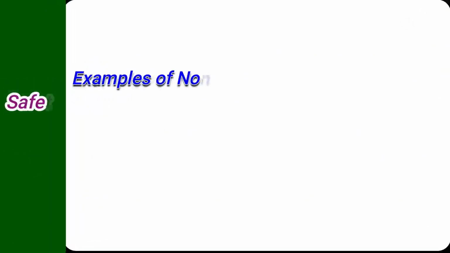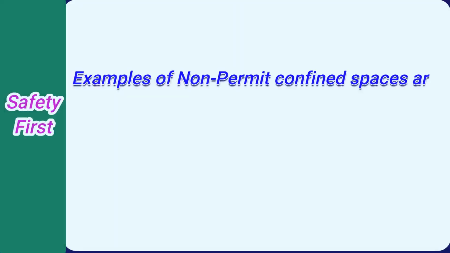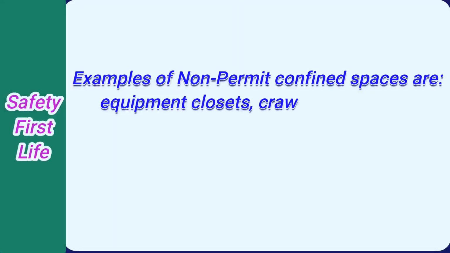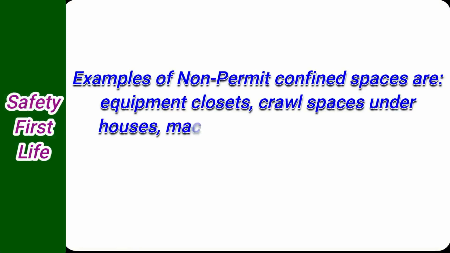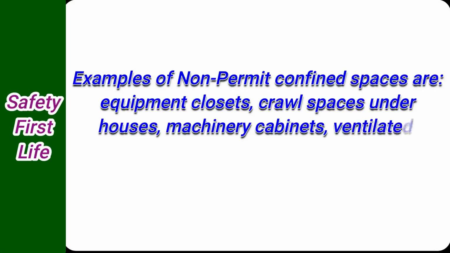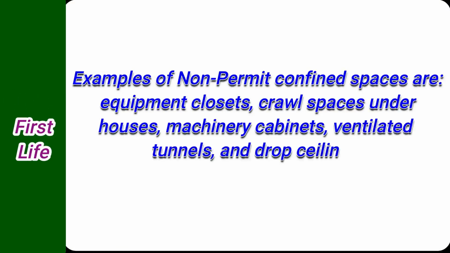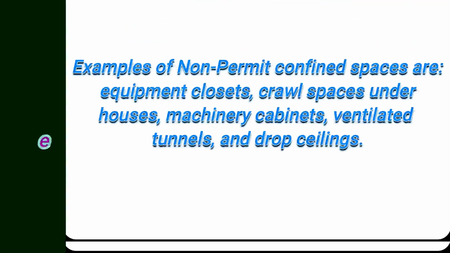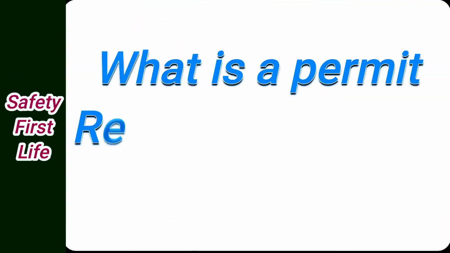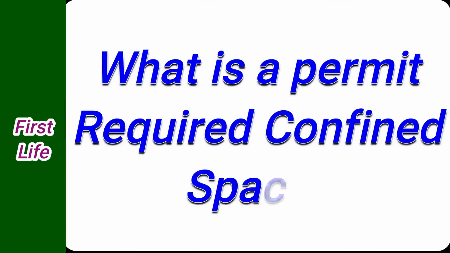The examples of non-permit confined spaces are equipment closets, crawl spaces under houses, machinery cabinets, ventilated tunnels, and drop ceilings, etc.